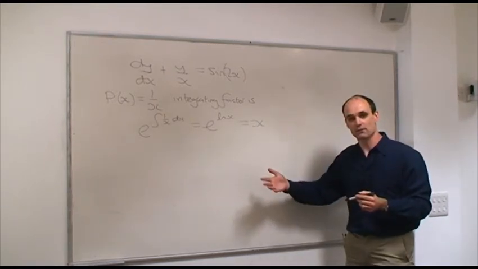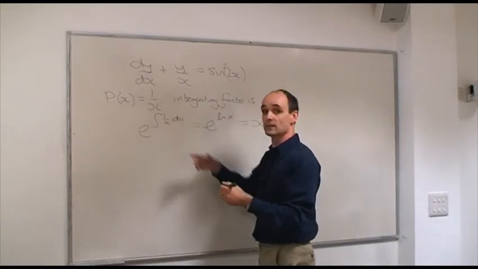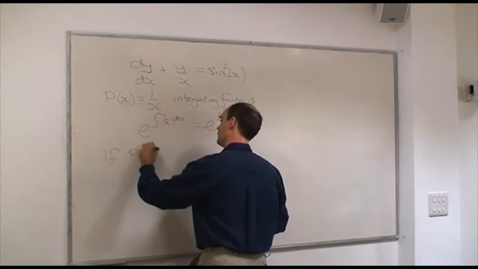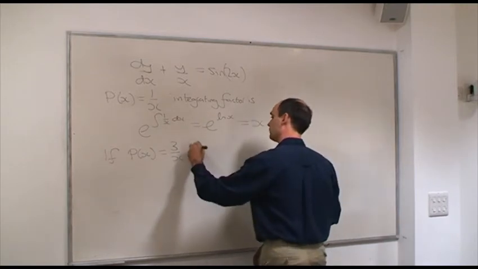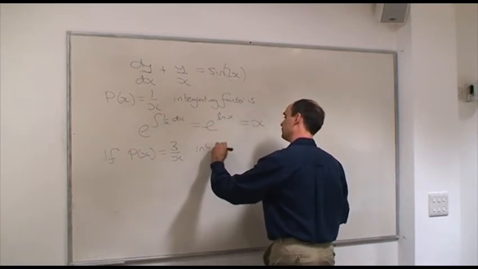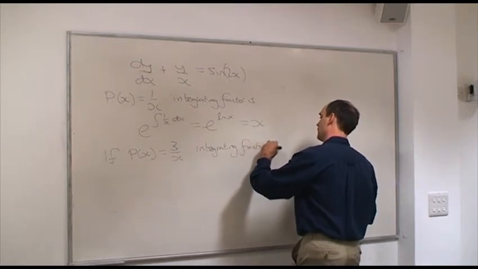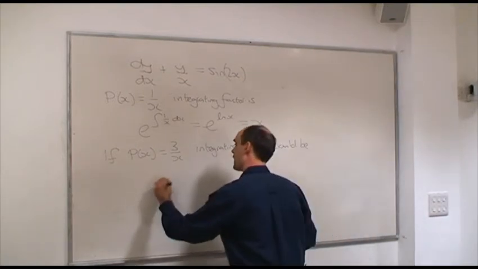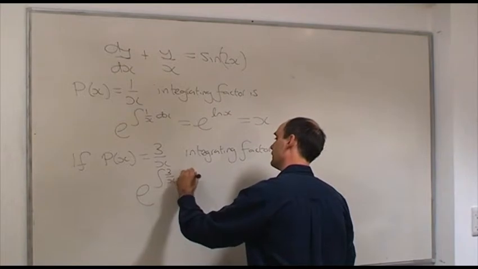Let's just imagine other kinds of p of x we might get. If p of x wasn't just 1 over x, if p of x was equal to 3 over x, then the integrating factor would be e to the power of the integral of p of x, that's 3 over x dx.